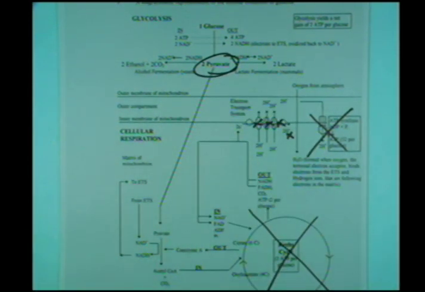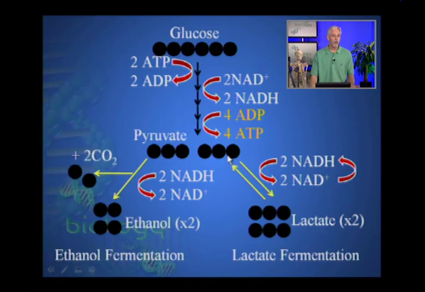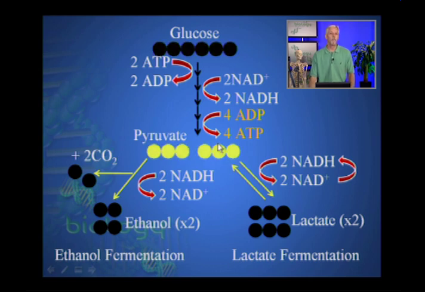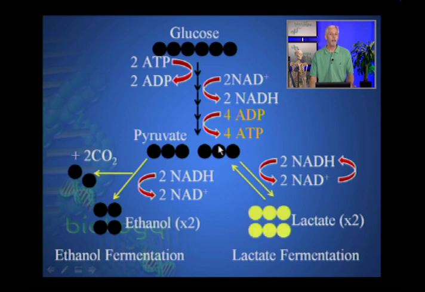That creates now another problem in that the cell now will try to save itself. And so there is a part of glycolysis which is called anaerobic glycolysis or fermentation. And so as we know, glucose will form pyruvates. And pyruvate in an oxygen-deprived situation then in mammals can be converted to lactate.